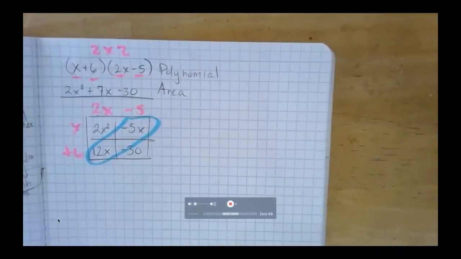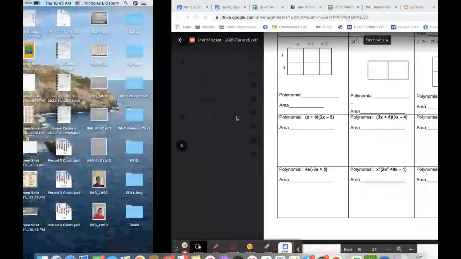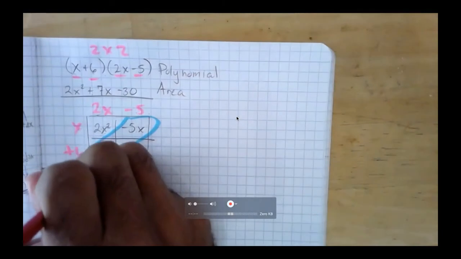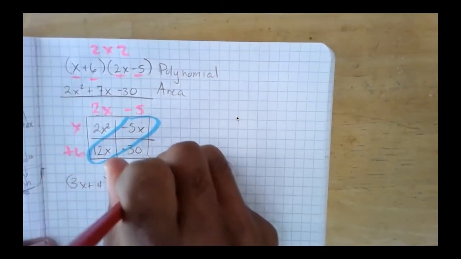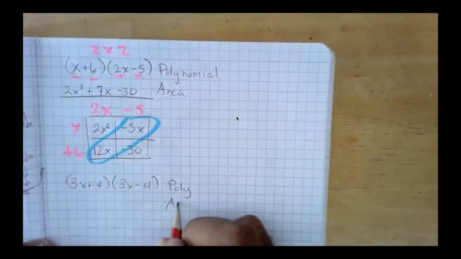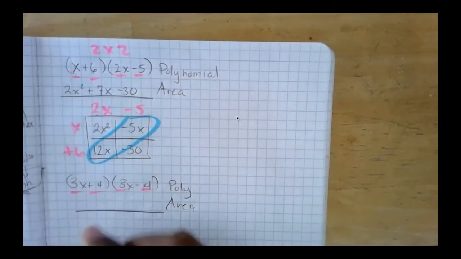So now, sorry guys. So now we're going to do this one. 3x plus 4, 3x minus 9. Keep going the wrong way. All right, so 3x plus 4, 3x minus 9. Okay, and the area will be our answer. Okay, again, this is just another 2 by 2.